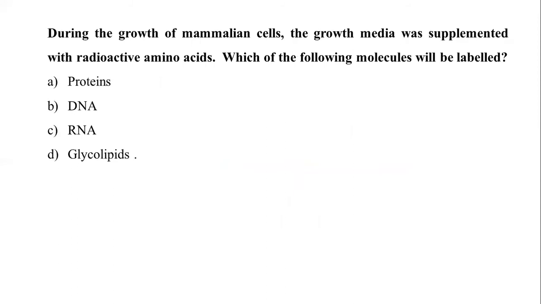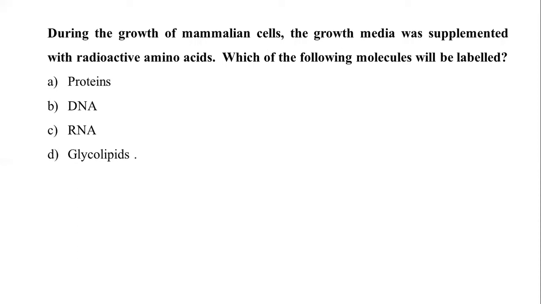In the next question, during the growth of mammalian cells, the growth media was supplemented with a radioactive amino acid. Which of the following molecules will be labeled? Of course, since the growth media was supplemented with radioactive amino acids, the proteins, being polymers of amino acids, will be the first biomolecule which will be radiolabeled, right?